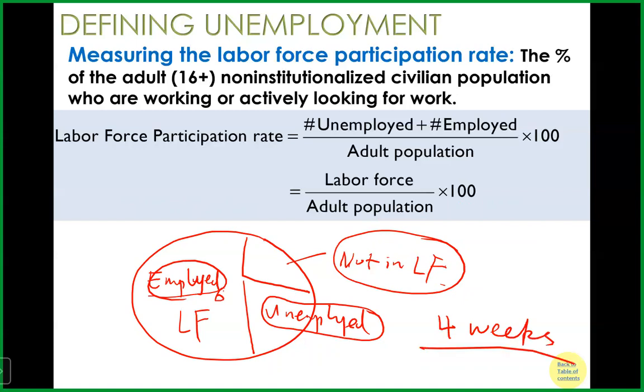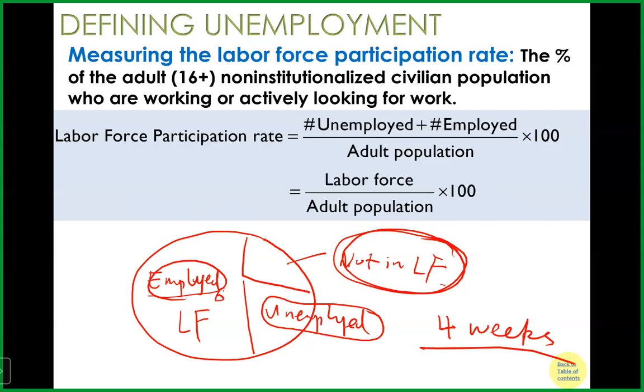And then you are classified as unemployed. You don't have a job, but you are actively looking for a job during the past 4 weeks. If you don't have a job, but you have not searched for jobs during the past 4 weeks, you are not classified as unemployed. But you may wonder, where should I put this person? We call them not in the labor force, meaning they are not actively engaged.